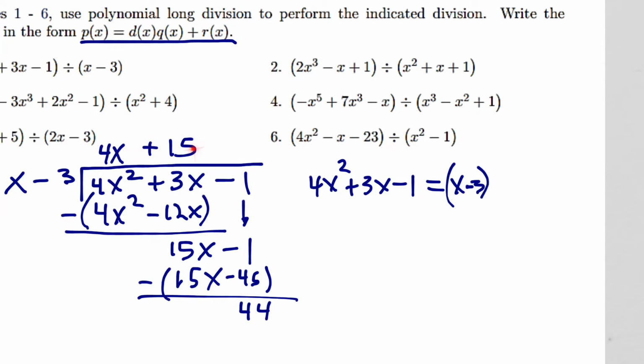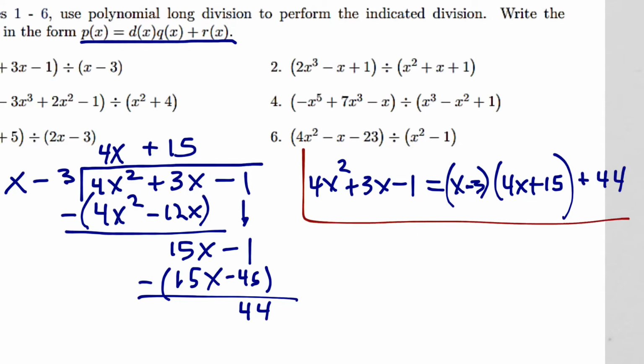Q of x is my quotient on top. Plus 44, which is my remainder. And this would be what my answer would look like. And that is uniquely the way it would work for this divisor x minus 3. Okay, this is the unique equation that you'll be able to determine using the divisor x minus 3.